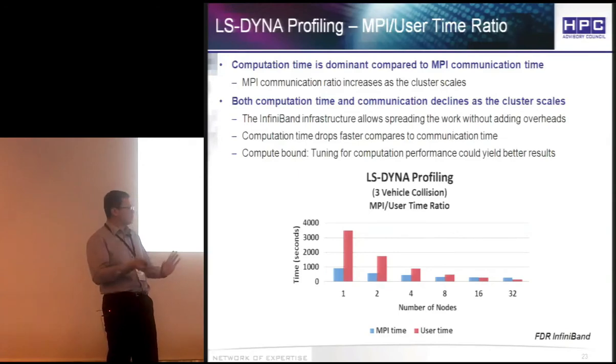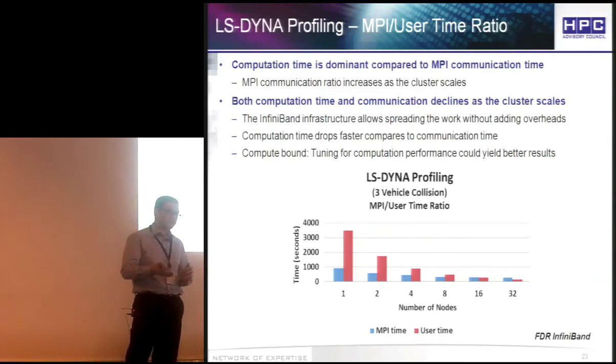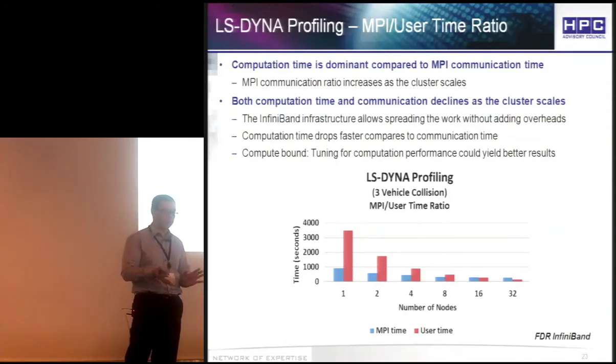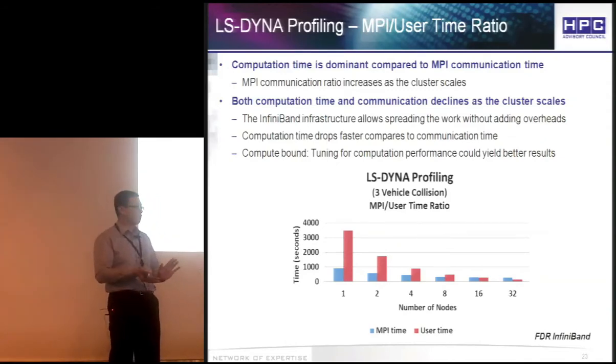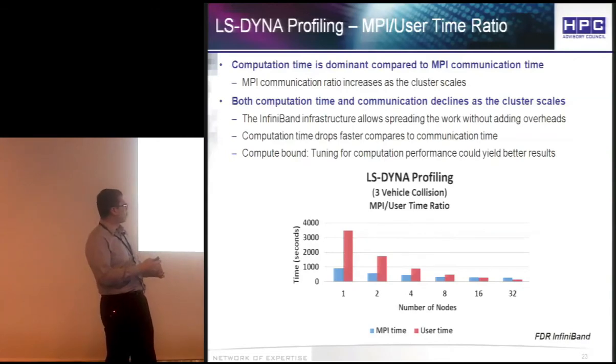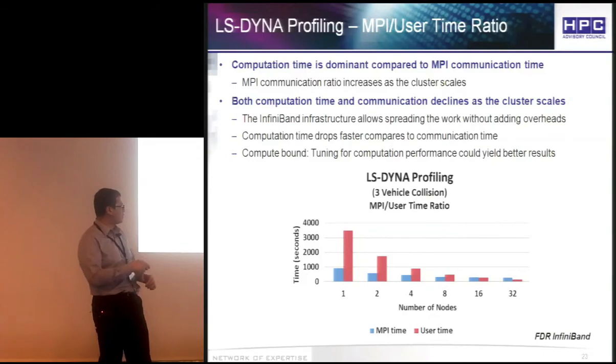So the subsequent slides are what I've seen from profiling those MPI codes, and these are graphs that I just plotted with Excel. As you can see, with more and more nodes being involved in an InfiniBand cluster, more and more time is actually being saved by having more nodes as part of the cluster.